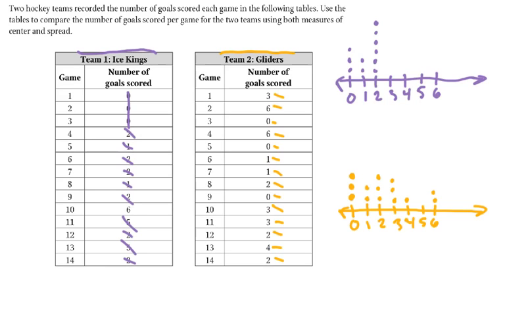No 4s, 2 5s, and 1 6. And there weren't any 3s, were there, for the Ice Kings? Okay. So, we'd also want to find the mean and the median for each one.